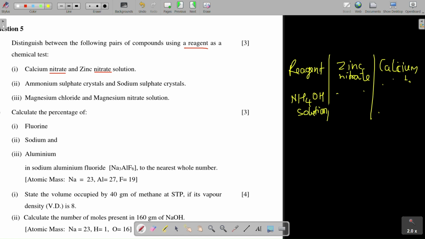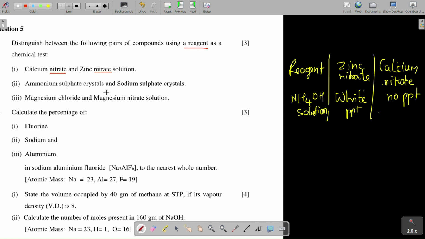Zinc nitrate will form a white precipitate. Calcium nitrate, no precipitate. Okay, this is how we have to write. Each question carries 1 mark.